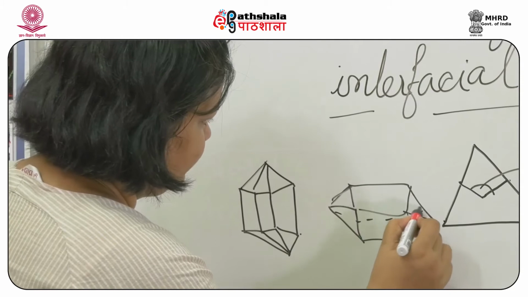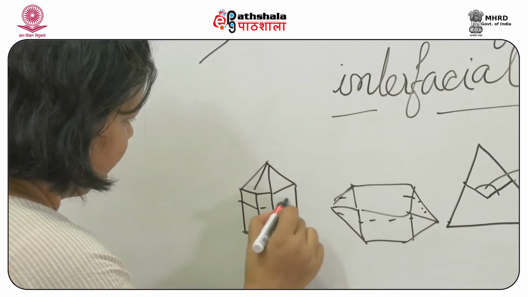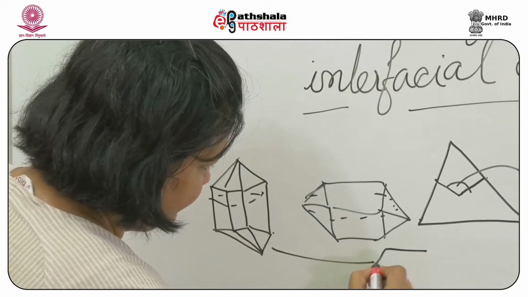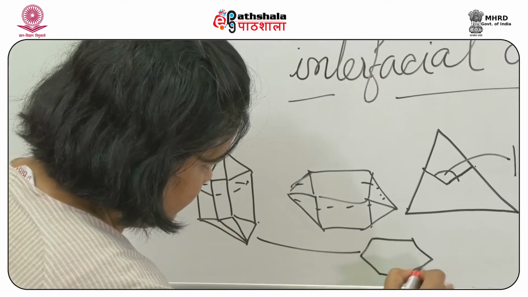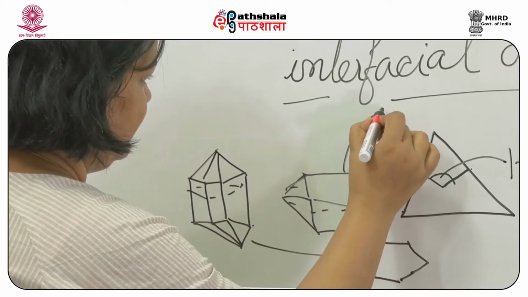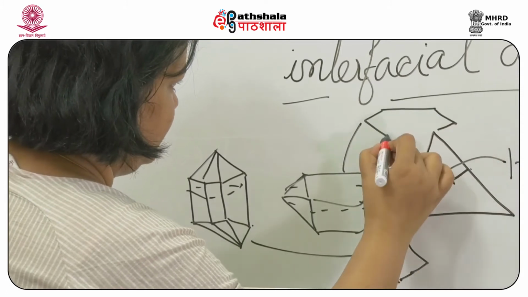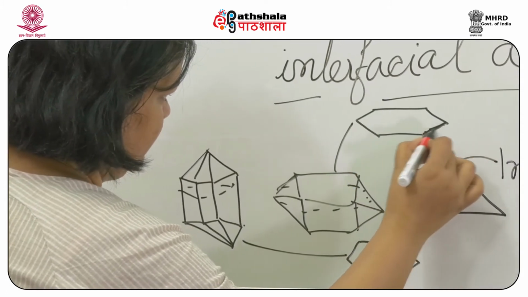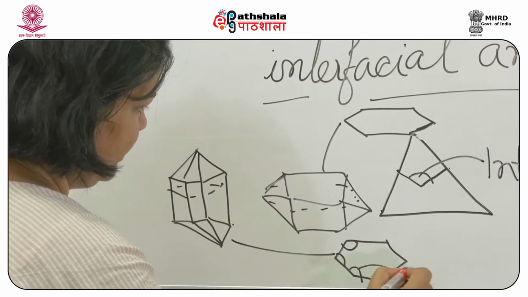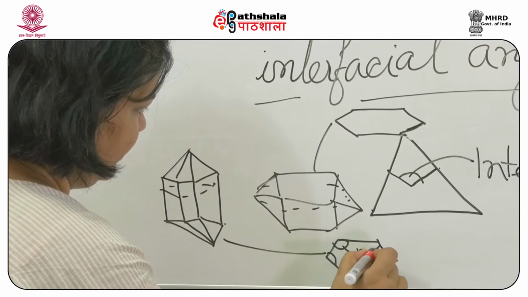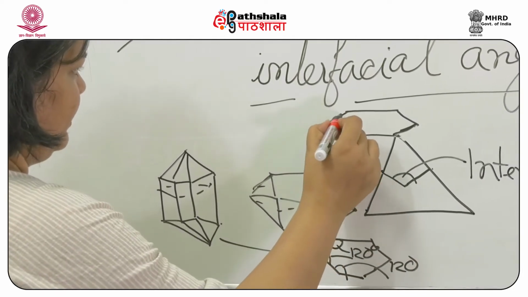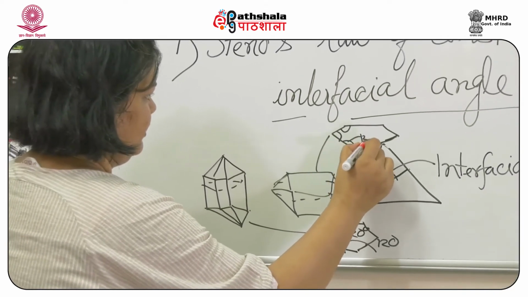Any cross section of these crystals, if it subtends a face like this, and for this crystal it subtends a face like this, the angle here, here, and here will all be, say for instance, 120 degree, and for here as well it will all be 120 degree.